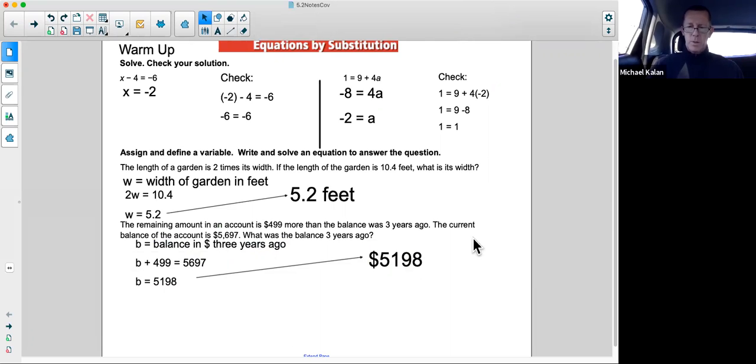And obviously this number should be less than this number, which it is. And if you added 5,198 with 499, you get 5,697. Now you may have set B equal to the current balance, in which case you would have gone B equals 5,697 minus 499. Yeah. Okay, onward.